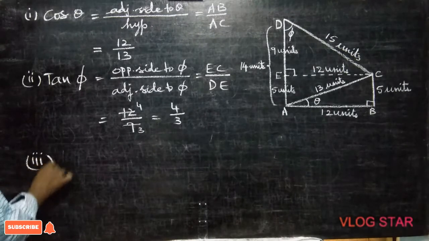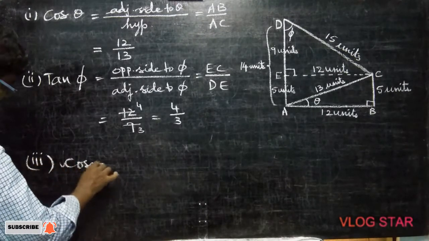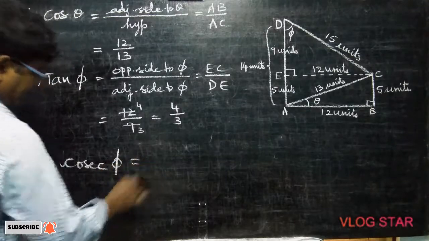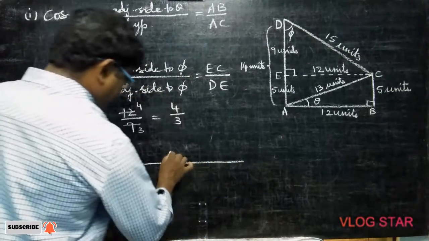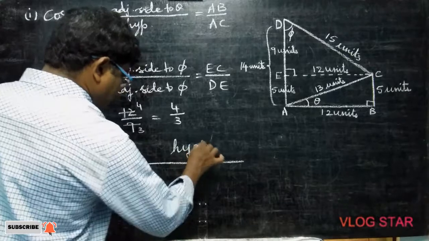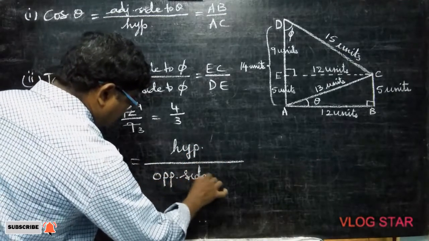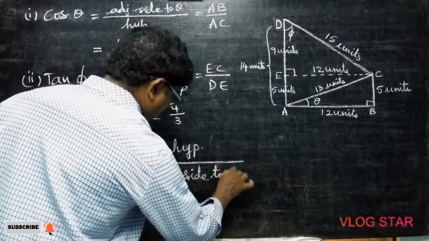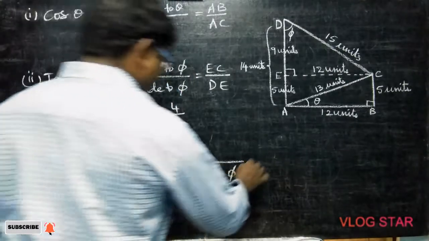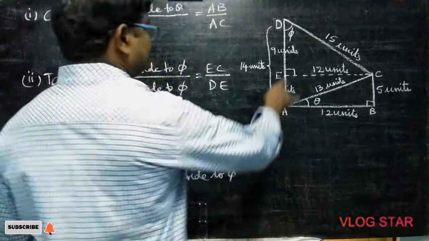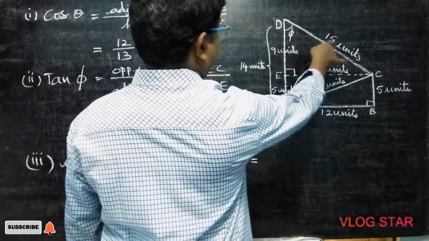Next, third one. They are asking to find cosecant phi. What is cosecant phi? Hypotenuse by opposite side to phi. What is hypotenuse in phi? DC.